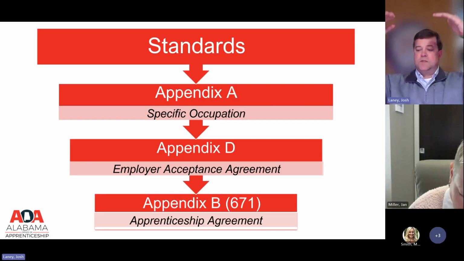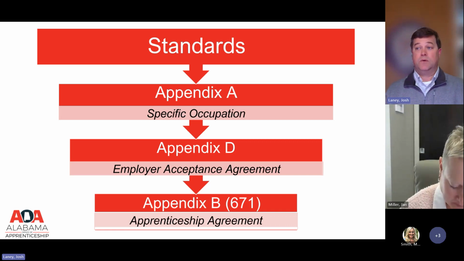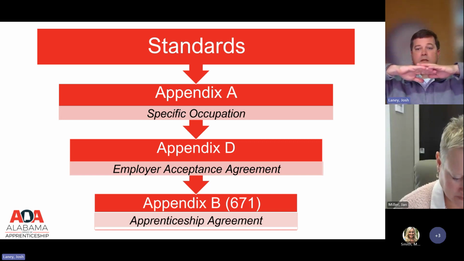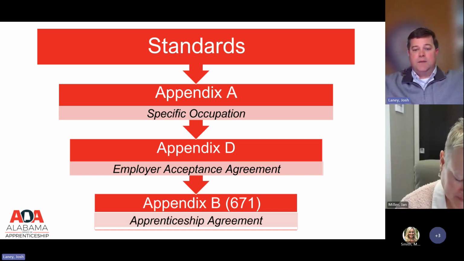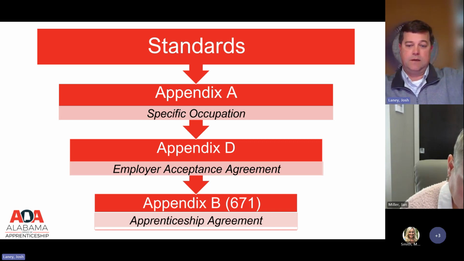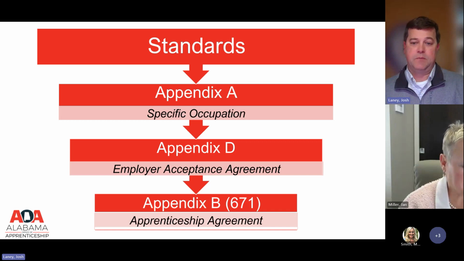So all of these roles and responsibilities are spelled out in a long series of documents that we're about to go through. These documents start with the standards. The standards is the most broad, overarching document that establishes the University of West Alabama as an organization that can organize apprenticeships. They can offer apprenticeships in whatever occupations they have the capability to do.